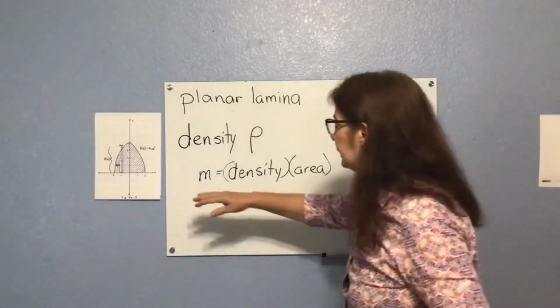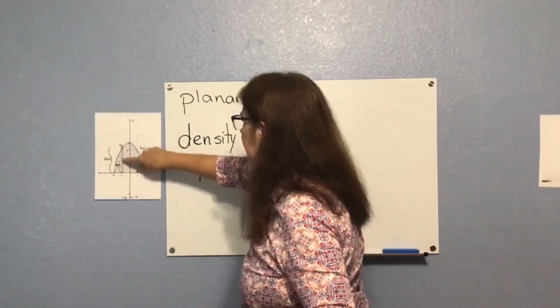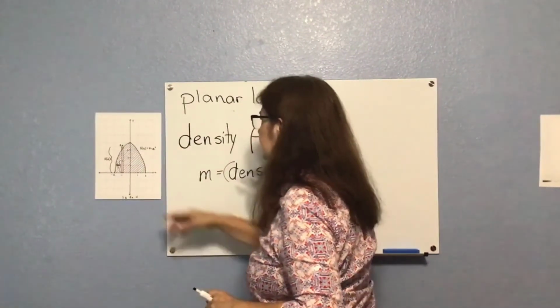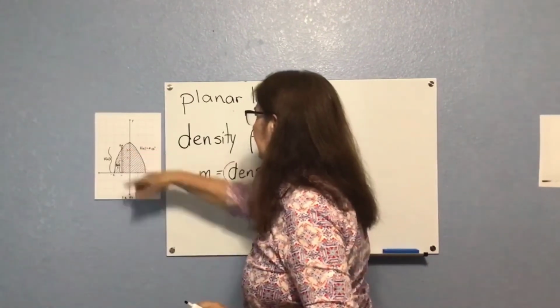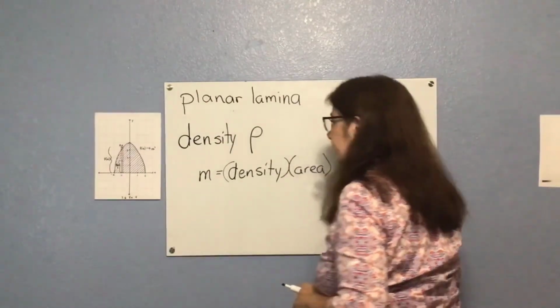Okay, looking a little closer at this picture, I can see that the height of this representative slice is f of x, and the width of that slice is delta x.